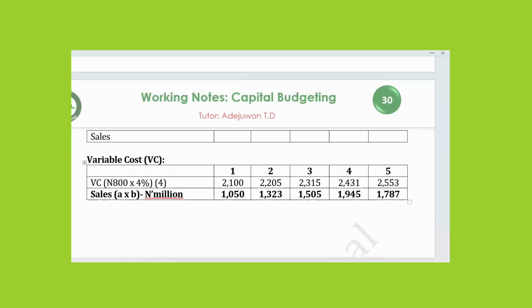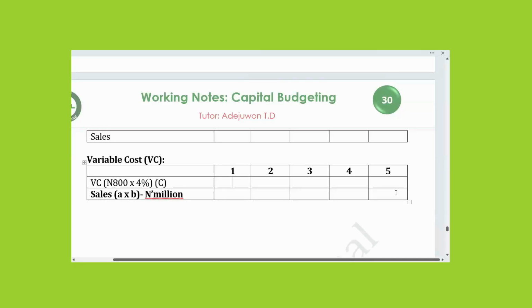What do you have? 832. Let me remove all of this. 832 multiplied by 1.04. 865. 865 multiplied by 1.04. 900.